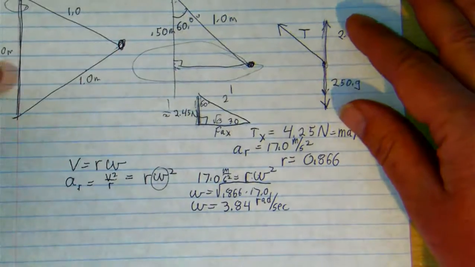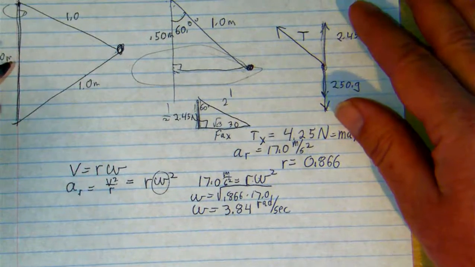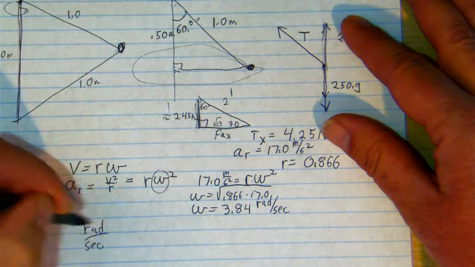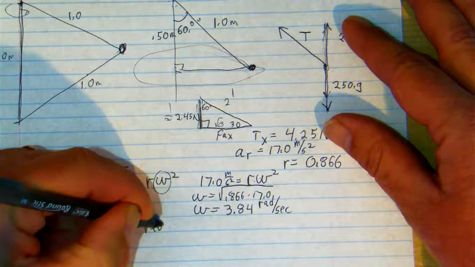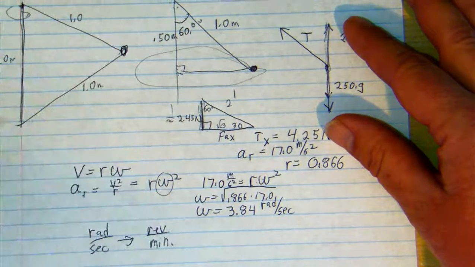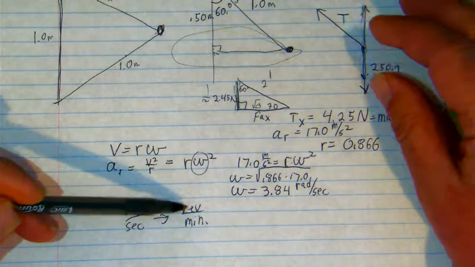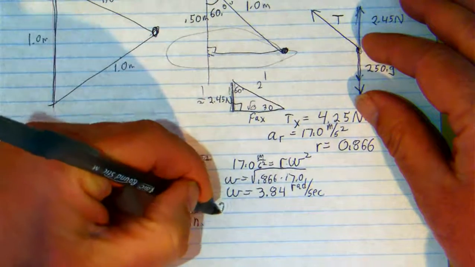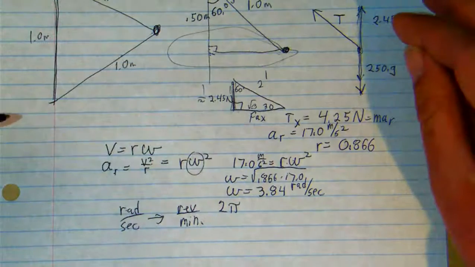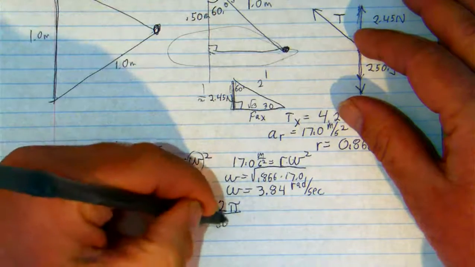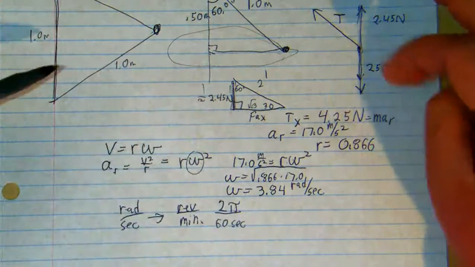And at radians per second, now, how do we turn radians per second into revolutions per minute? Well, one revolution is equal to 2 pi radians, and 1 minute is 60 seconds.